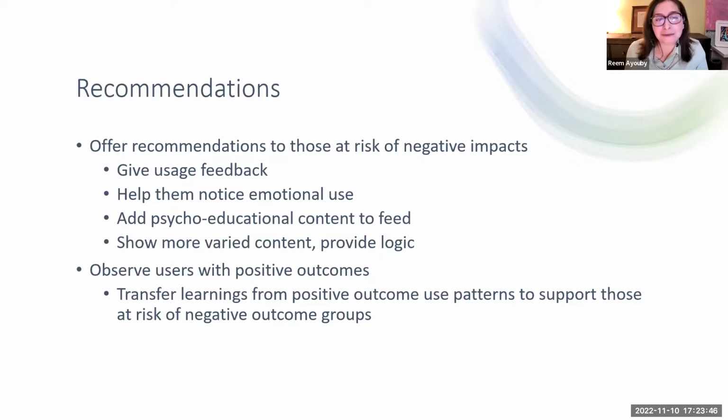So maybe help them notice emotional use and add more psychoeducational content to their feed to help support them and bring awareness to them. And maybe also from what we've seen in the group that has positive outcomes, we can learn and share that knowledge.